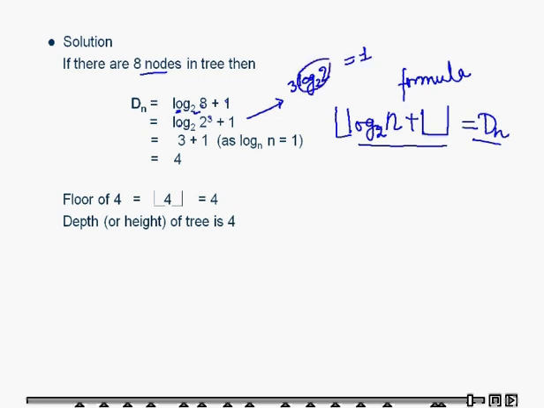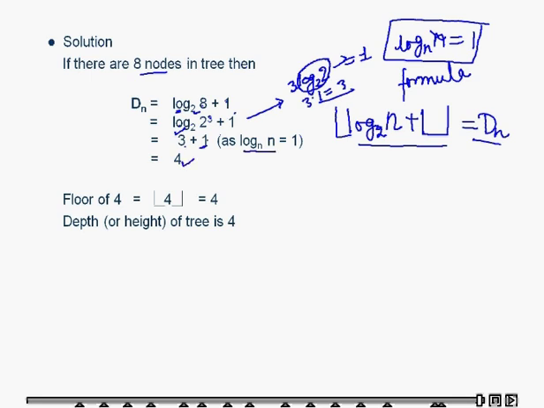This portion is 1 from the identity that log n to the base n is always 1. So 3 into 1 is equal to 3. That is why this 3 has come. Then this plus 1. 3 plus 1 is equal to 4.